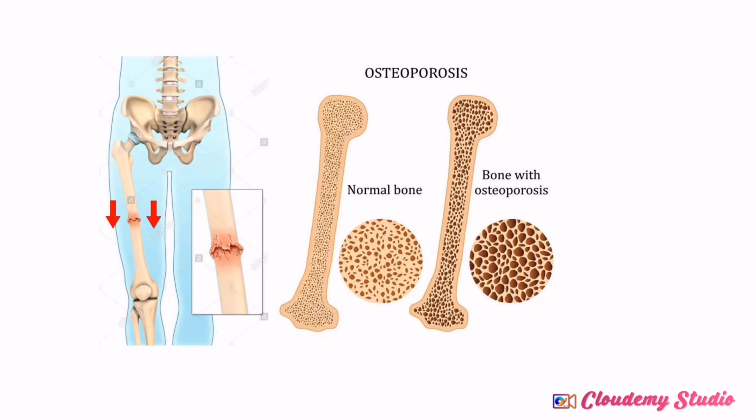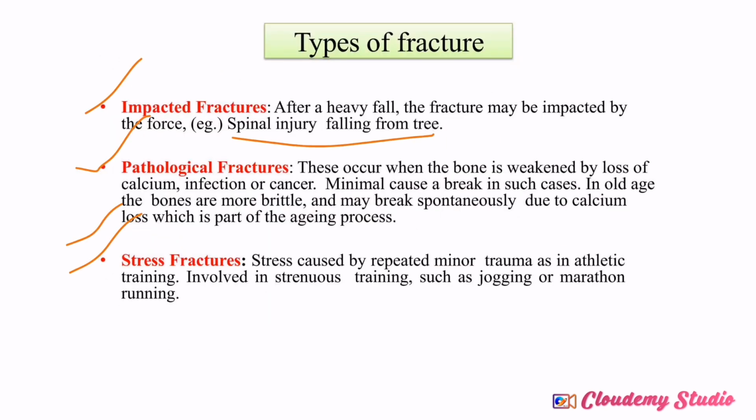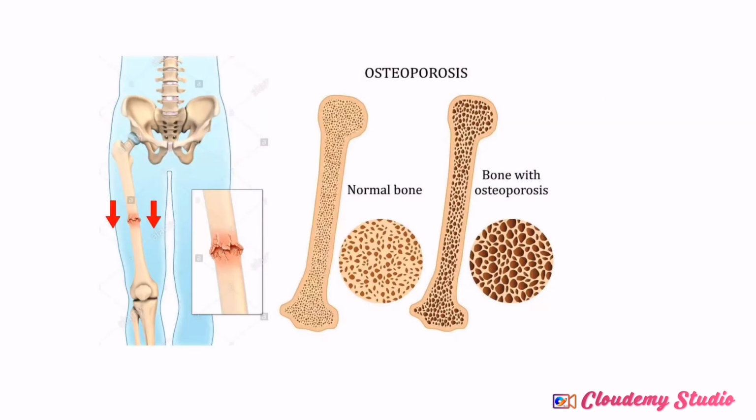So here are the types of bones, these are types of impacted fracture, pathological fracture, and stress fractures. As you can see, osteoporosis, normal bone, bone with osteoporosis.